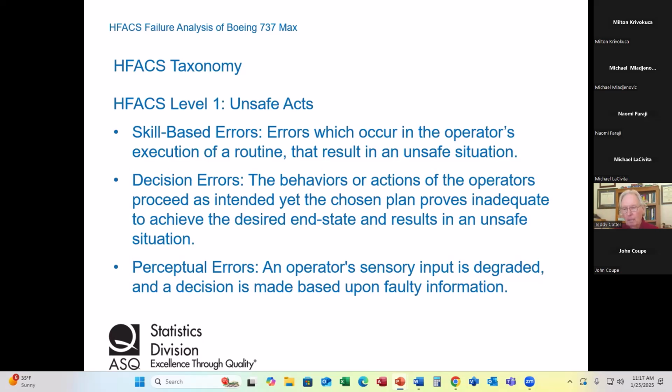He went out and did the formal training on the taxonomy, came back, and we trained other personnel, and then we downloaded, I forget how many hundreds of aircraft incidents and accidents. They classified all of those.